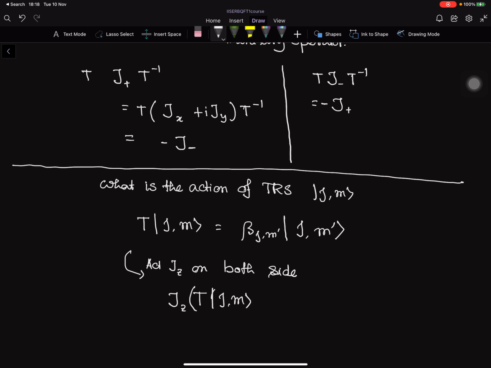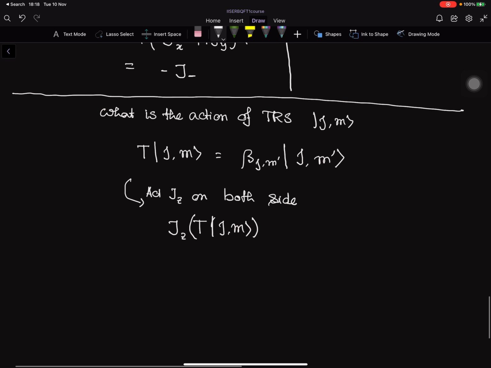Okay, so let's first look at the left hand side. Again we can do conjugation by time reversal, and this is the same as T, minus Jz, |j m>, and this is the same as minus Jz, minus T times |j m>.